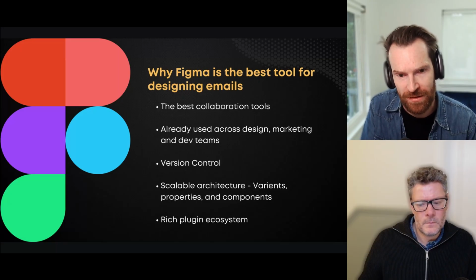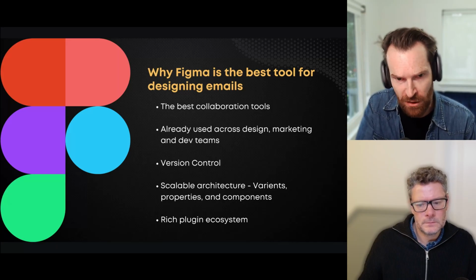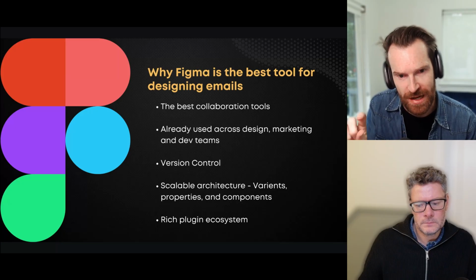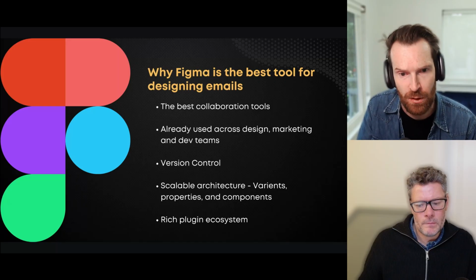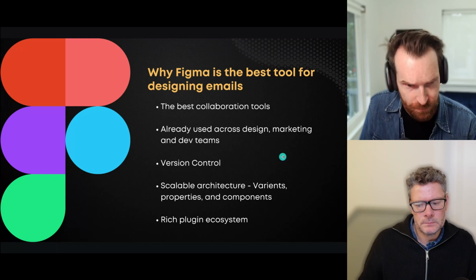A good example is you could have a component for your header with multiple variants, and a variant could be different colors or different logo options. You can edit the master component in one place and have that update across everywhere that you've used that component. And so that's one reason I love using Figma.